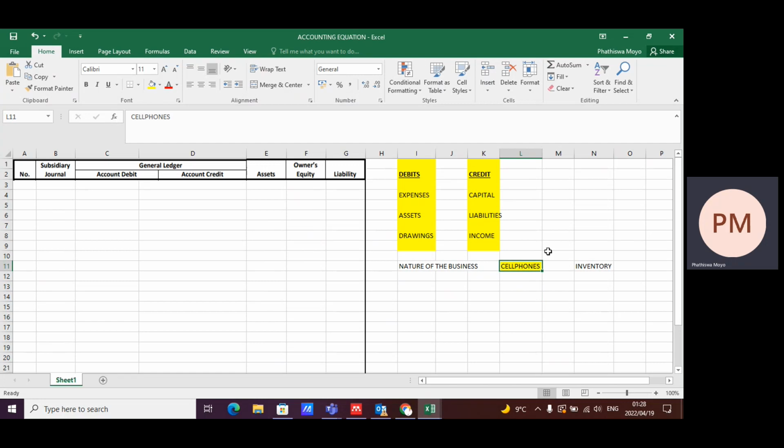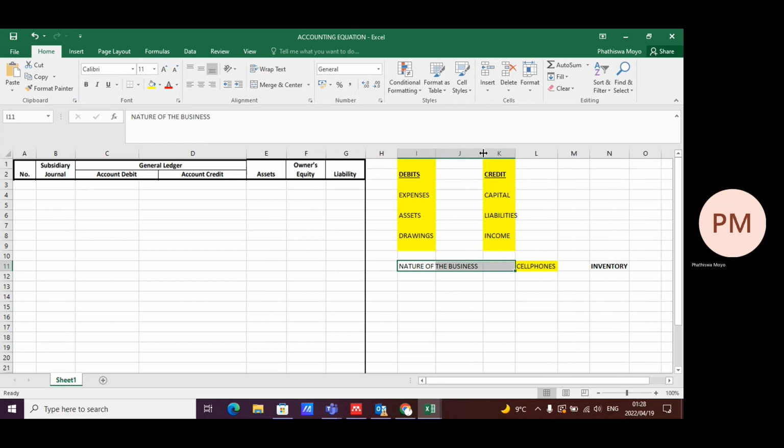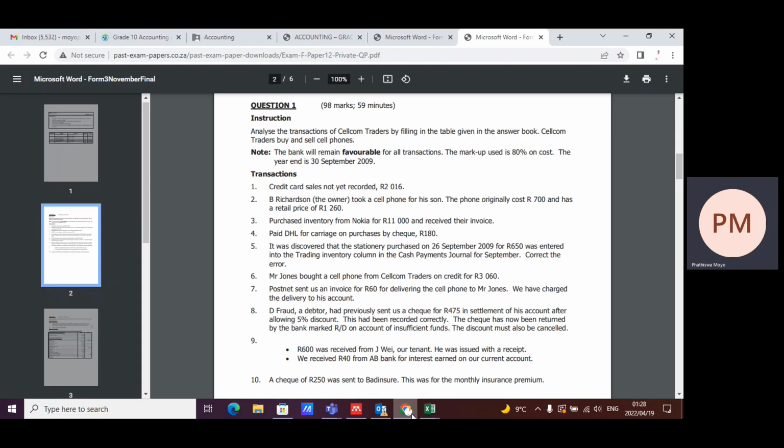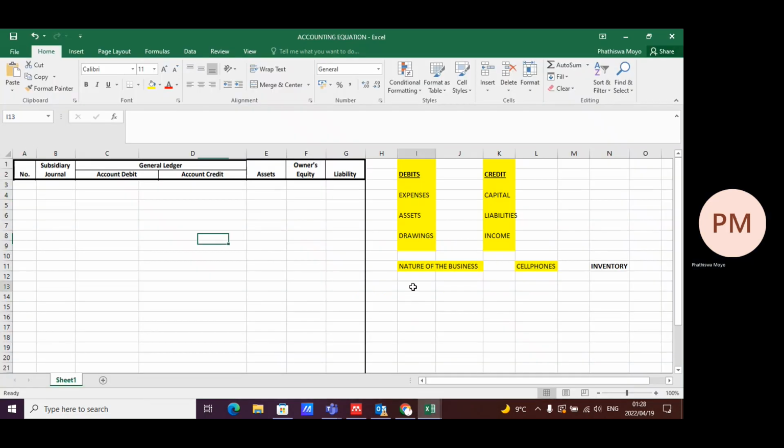Just want to highlight. Okay. And now the bank will remain favorable for all transactions. The markup used is 80% on cost. The year end is 30 September. So the financial year end is very important as the accountant. Always note it down.